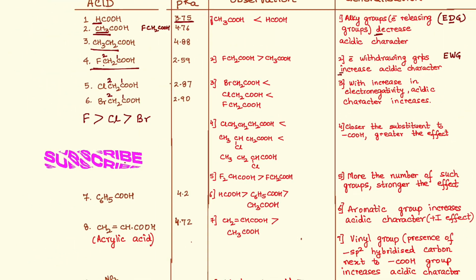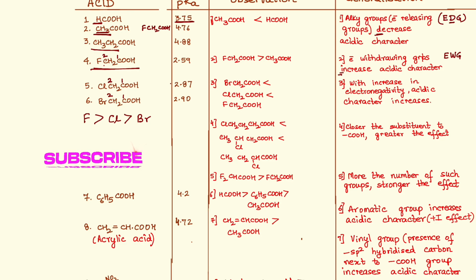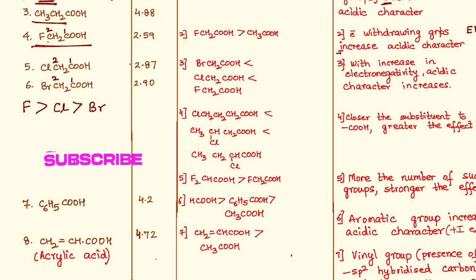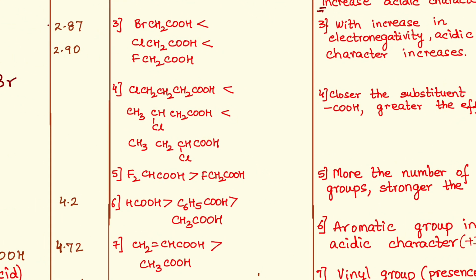If you see, I have not taken examples of the pKa values, but I've taken one example over here. 1, 2, 3, 4. How many carbon? So 4. And our chlorine is present at position number 1, 2, 3, 4.